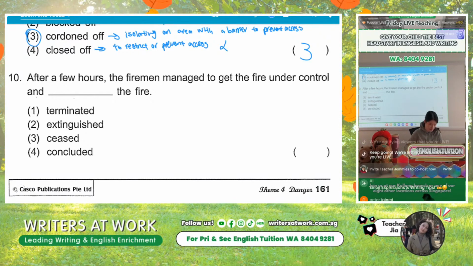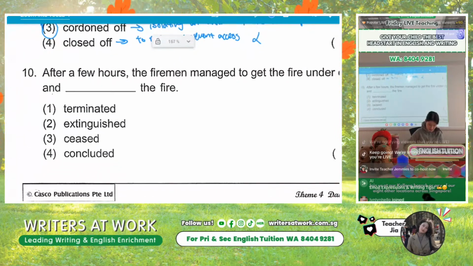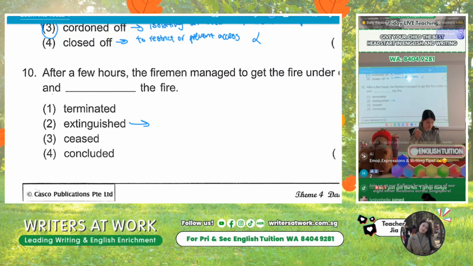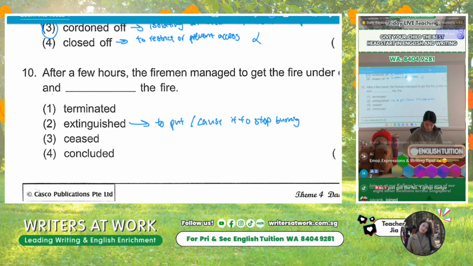Okay, so extinguished, usually you use that to talk about a fire, or you could use that to talk about a flame or light that you're trying to put out, to cause it to stop burning. All right, so that is one of the options.